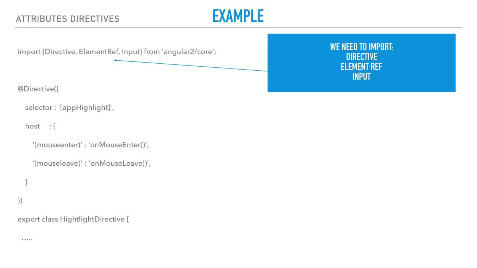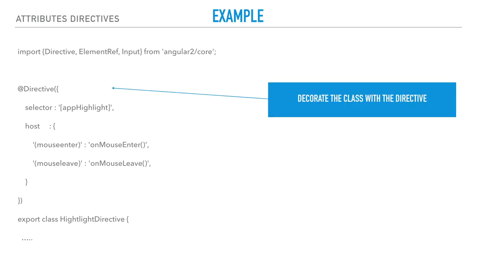So to write a custom directive, we do something like this. Import. We need to import Directive, ElementRef, and Input. These are the minimum three things that we need to write an attribute directive. We import them from the Angular 2 core library. Then we have our decorator.